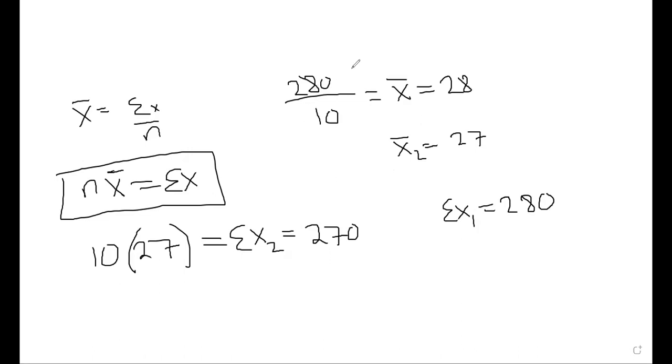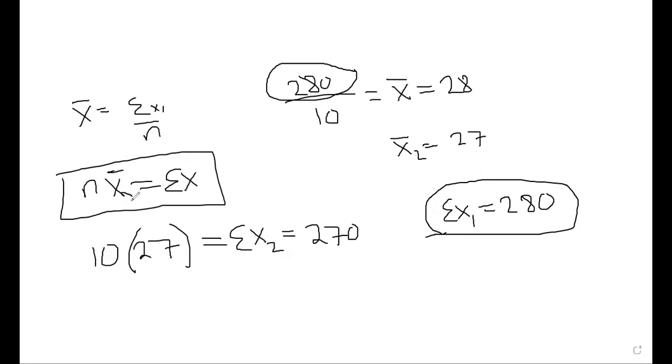The sum for the first group is 280, which is group 1, but we don't know the sum for the second group. All we know is that the mean reduced by 1. So for group 2, we put 27 because we know it reduced by 1. So 27 times 10, obviously the total should have been 270.